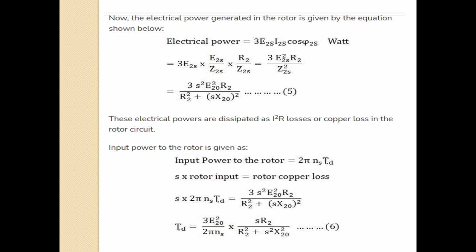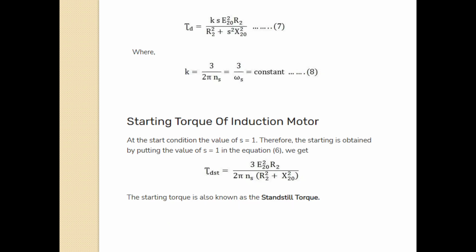Then this is simplified to 3 S square E2 naught square R2 divided by R2 square plus (S X2 naught) the whole square. This is the fifth equation.